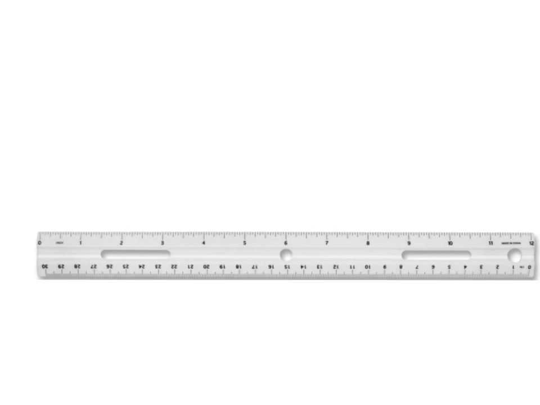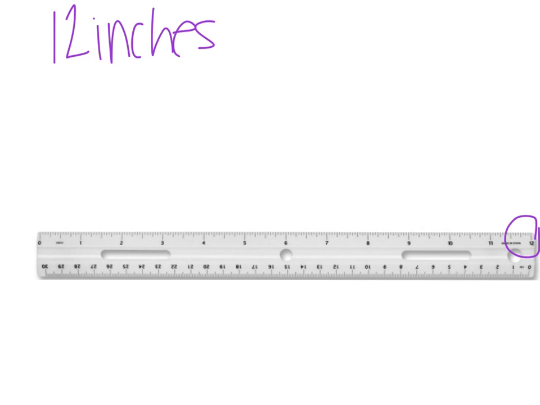In order to choose the right tool, there are a few things that we have to remember from the previous day's class. So first, some things to remember about our ruler is that a standard ruler is 12 inches long. We can see that right here on this ruler. And that 12 inches is 1 foot. So we can say that a standard ruler is 12 inches or 1 foot. And if we look at the other side, there's centimeters.